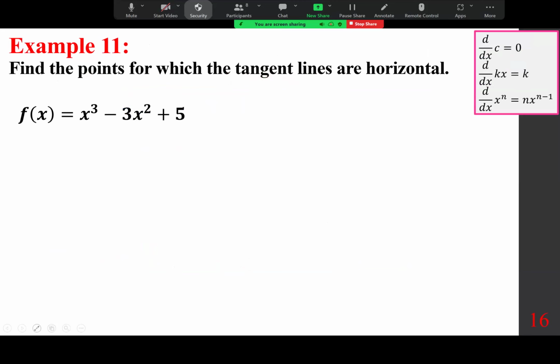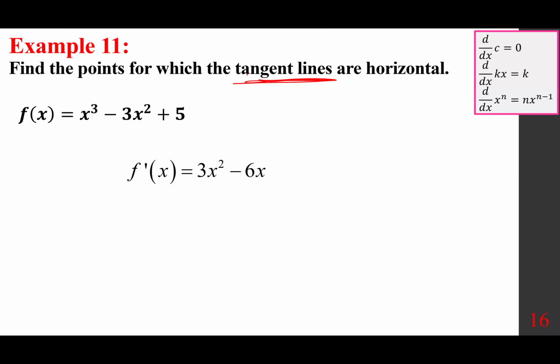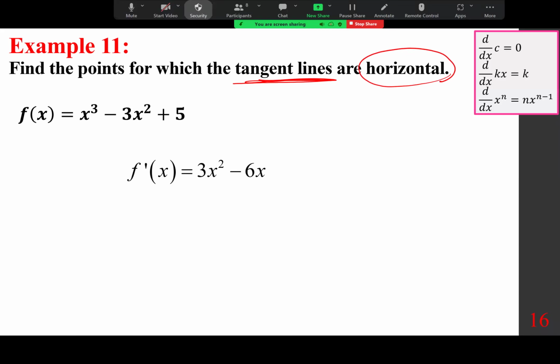So speaking of the tangent lines, because of this, we are going to find f prime of x, which is 3x squared minus 6x. Because these lines are horizontal, their slope must be 0. We set this equal to 0.